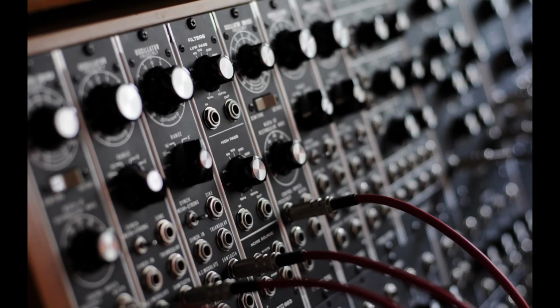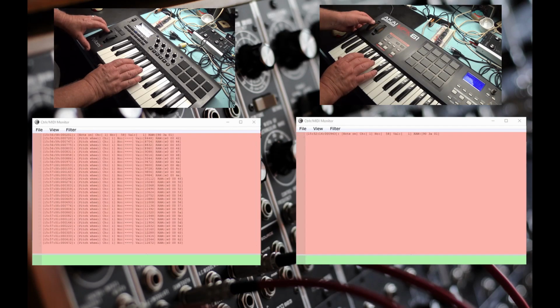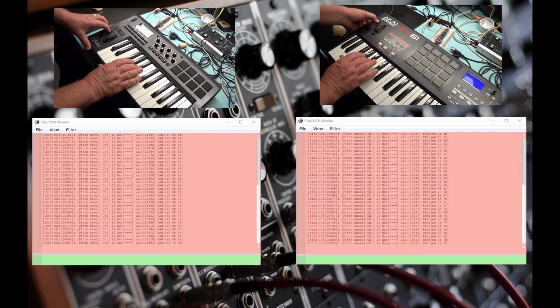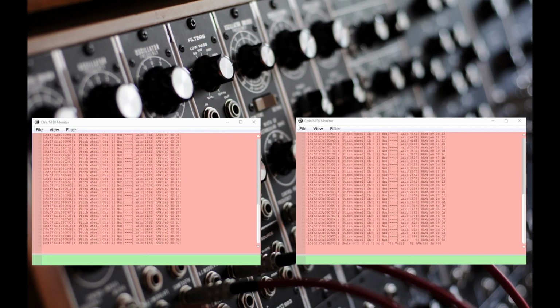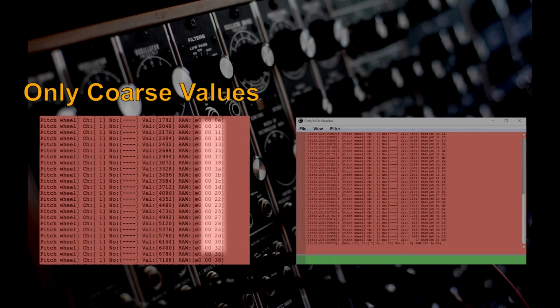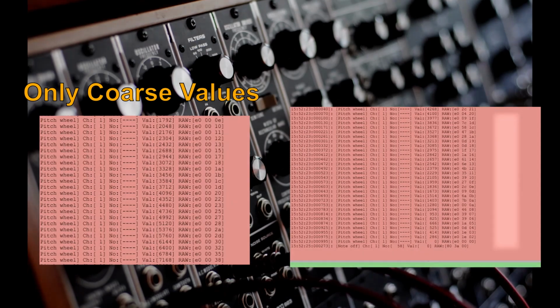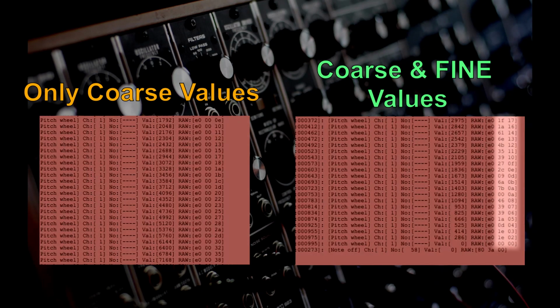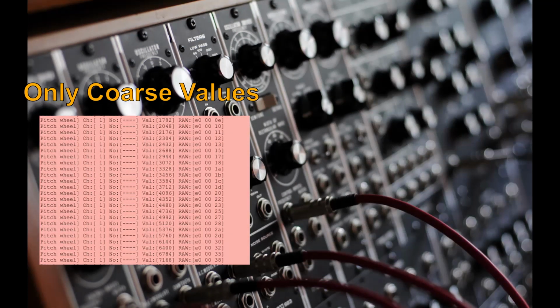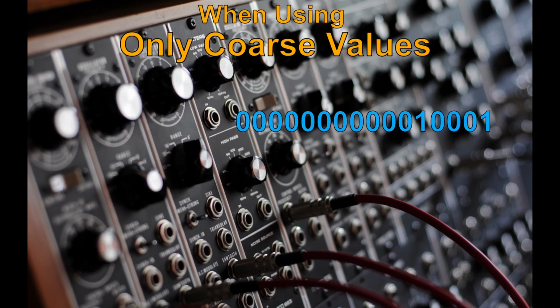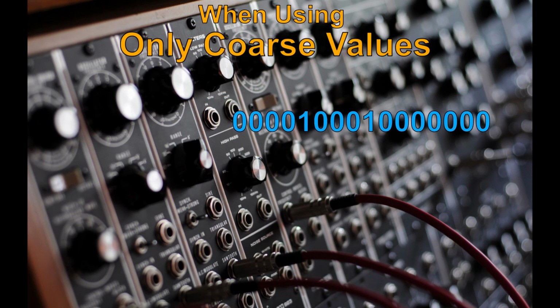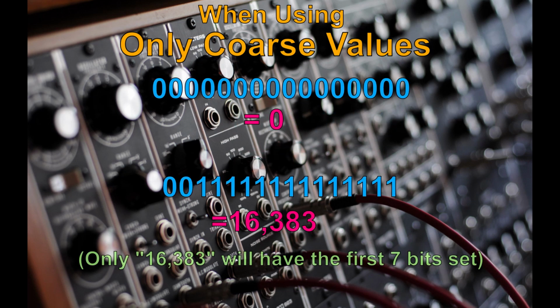Remember at the start of the lesson I showed how two keyboards send pitch bend messages in different ways? One was sending only most significant byte values, while the other was sending both most significant byte and least significant byte values. Now you can see that you can still shift the most significant byte value 7 bits to the left in a 16-bit cast variable and still get values that range from 0 to 16,383.